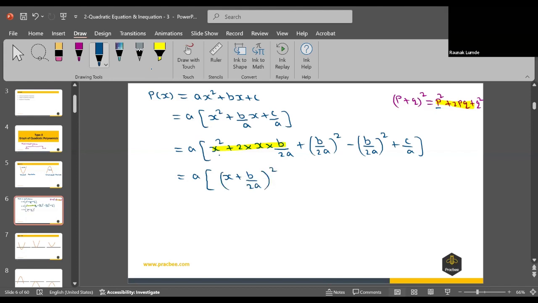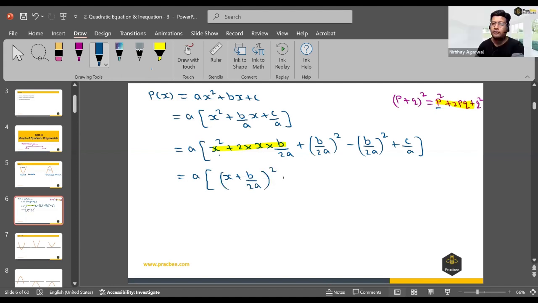And simplify this part, so you will be getting c upon a minus b square upon 4a square. After this step, I will multiply with a in the bracket. So it will become a into x plus b by 2a whole square. After taking LCM, I am directly writing this step: 4a square, so a and a will cancel out.